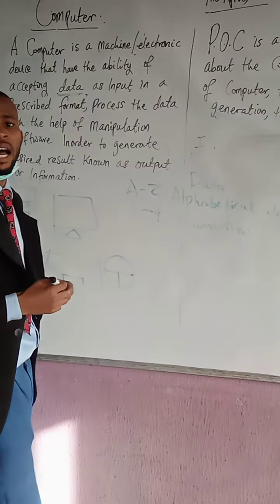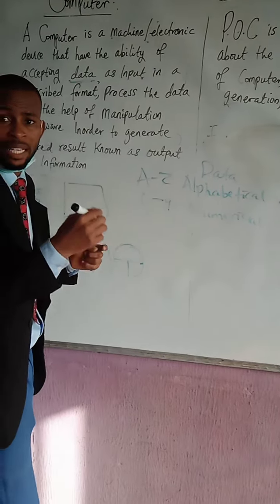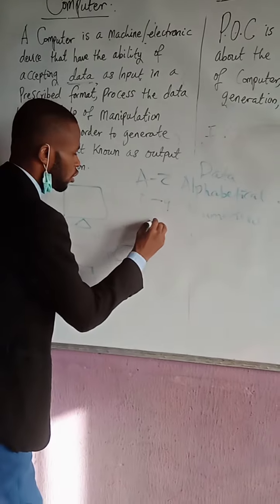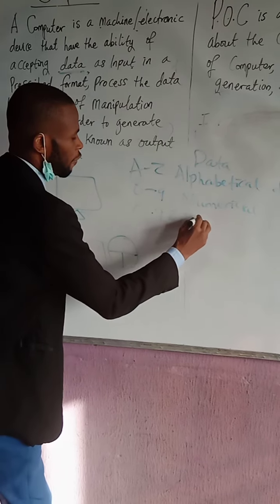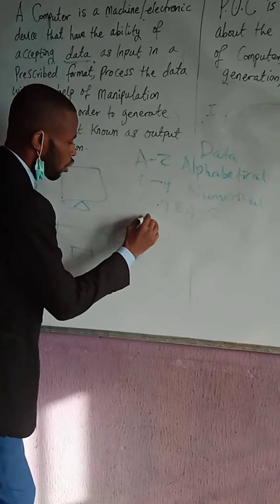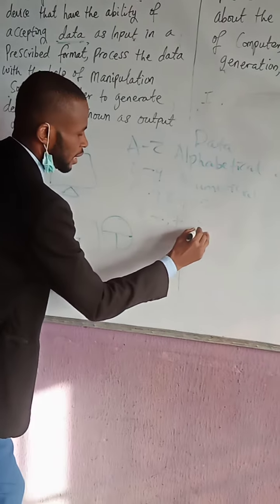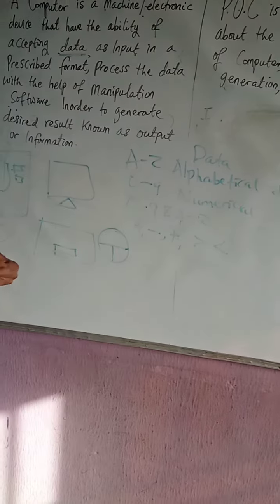We also have alphanumeric data, which is the combination of alphabet and numbers. Then we have special data, which is your asterisk, comma, minus, plus, greater than, less than. These are examples of data.